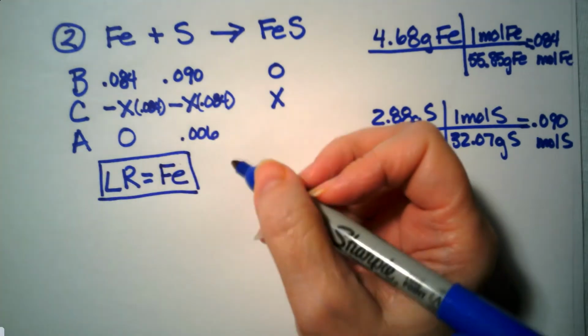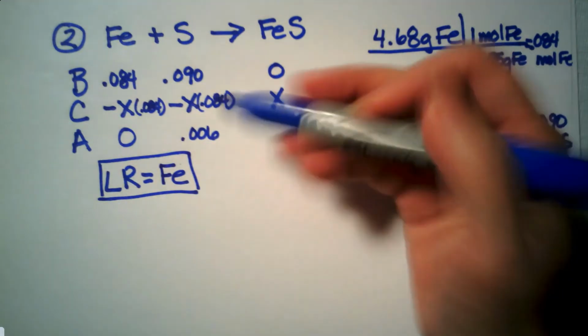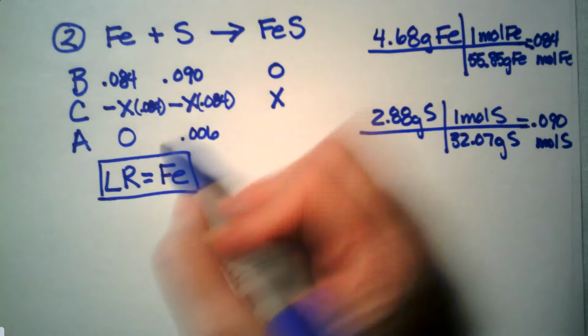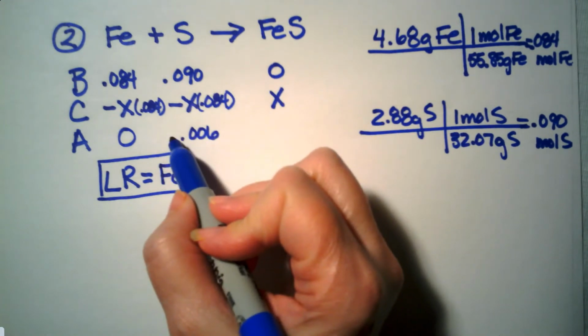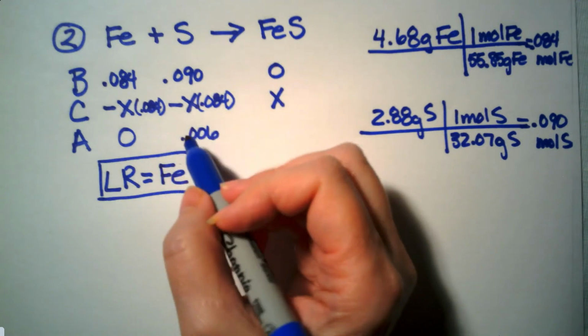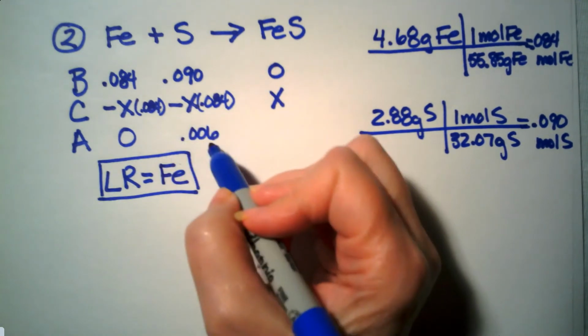However, let's look at a couple of things that can help you as you are solving some other problems. So let's say that after you did this it ended up being a negative number. That would tell you you chose the wrong one, because the one that's in excess is going to be a positive number. But this one is our excess.